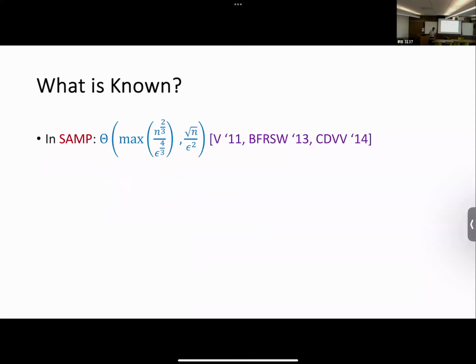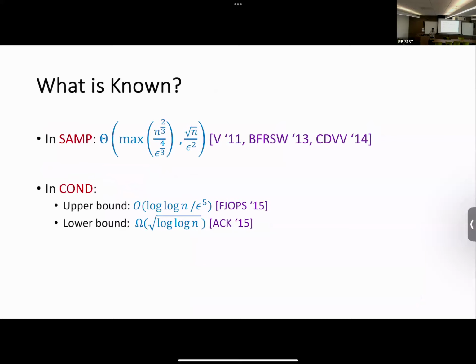So what is known? If you consider the simple sample model, this is basically well settled. We know that it requires n to the 2/3 over epsilon to the 4/3, or square root of n over epsilon squared, as the theta of the query complexity.